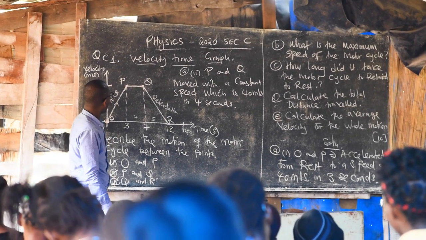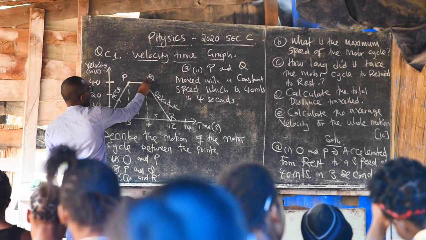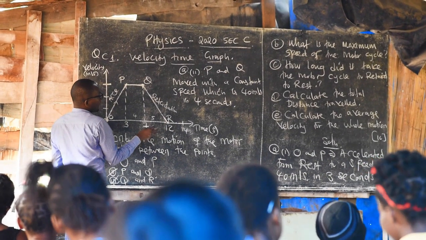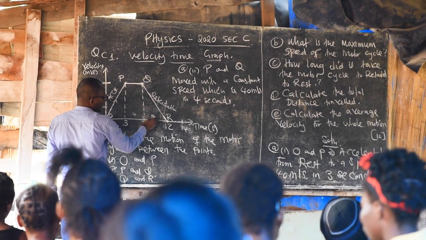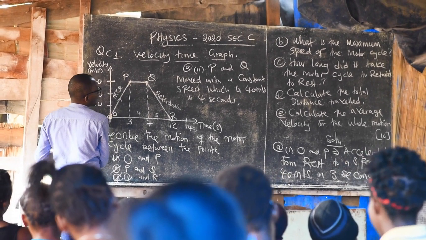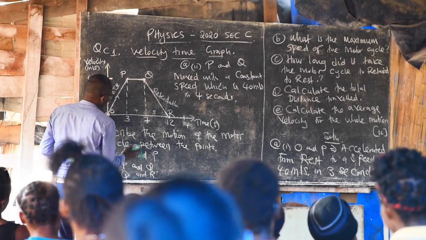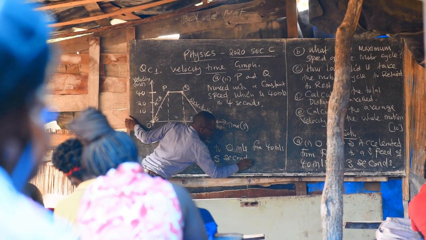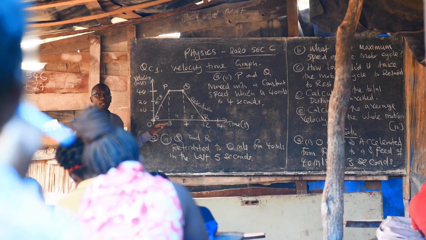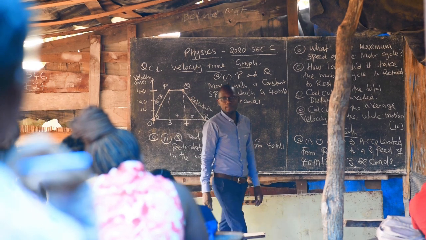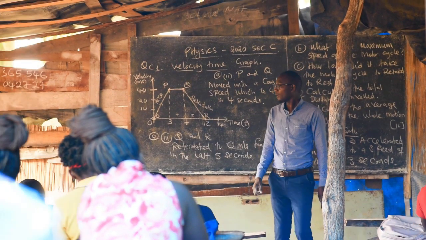So we are saying it moved from 40 meters per second to 0 meters per second in the last 5 seconds. You understand? Okay, so let us create some space. Where did we get the 5 seconds? When we subtracted this minus this. Are we understanding? Okay, that's better.